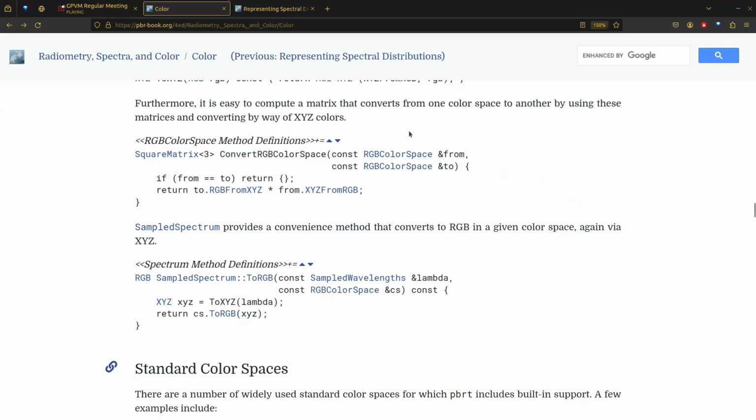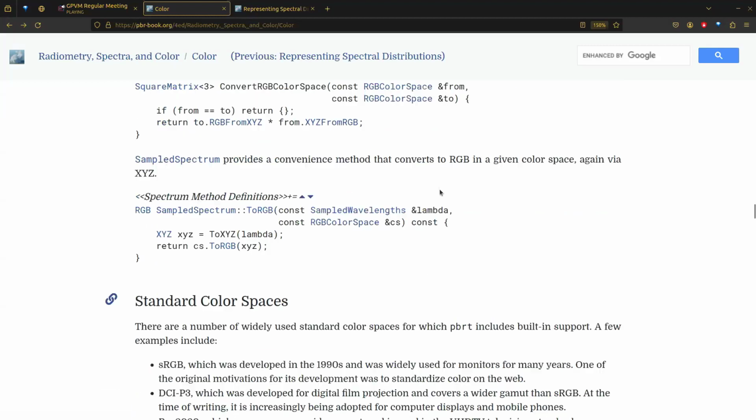Yeah, so converting between color spaces by putting it in XYZ basically. Converting between the two spaces via XYZ.